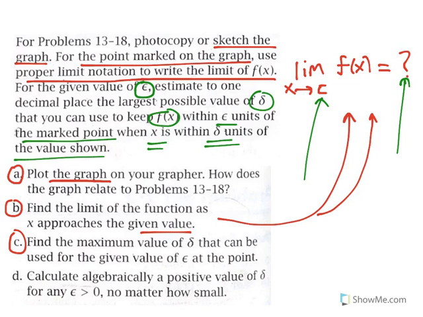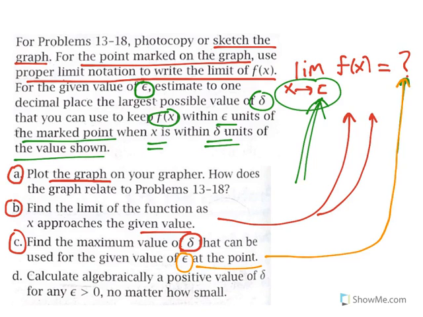And then we'll look at part C. Find the maximum value of delta, which tells you how close the input values have to be to c, that can be used for a given value of epsilon at the point. And epsilon tells you the furthest the output values of the function can be from the limit. We'll look at part D tomorrow.